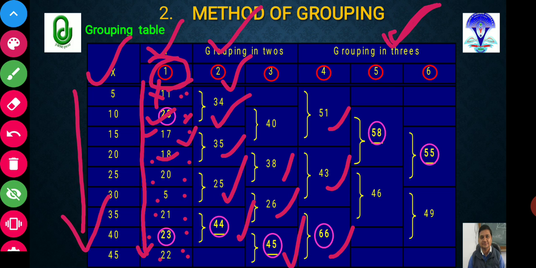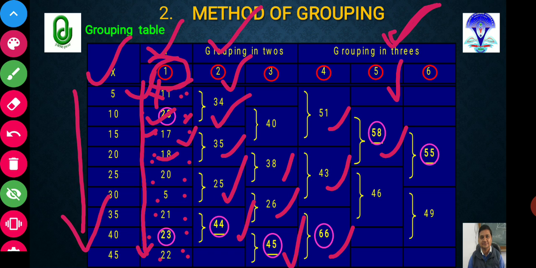Now secondly, in column 5 you again group 3 values together, but you start from the second value and leave the first value, as we did when grouping in 2. So you leave the value 11, and add 23 plus 17 plus 18. 23 plus 17 is equal to 40, plus 18 is equal to 58.